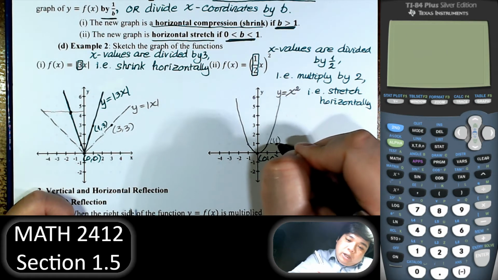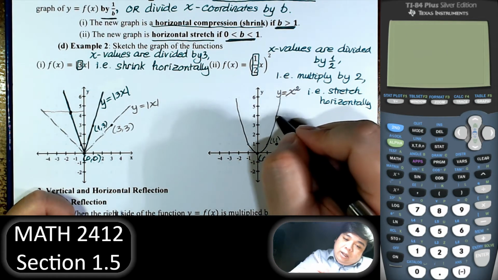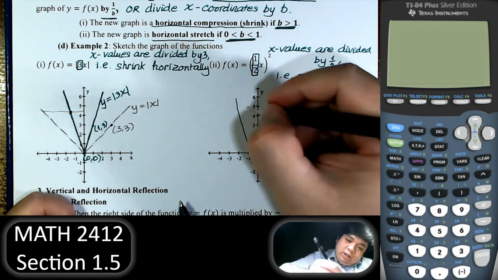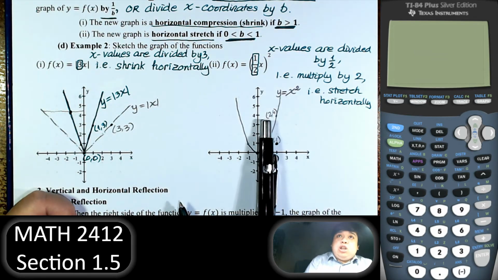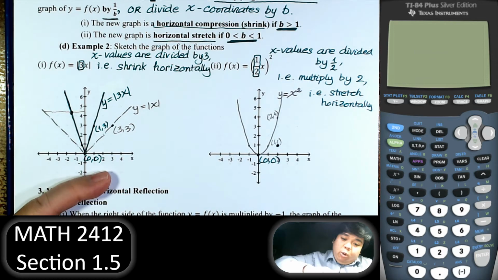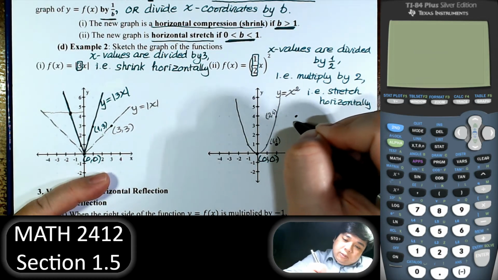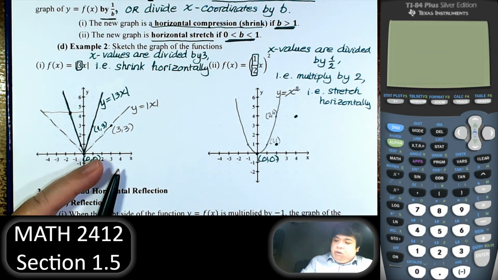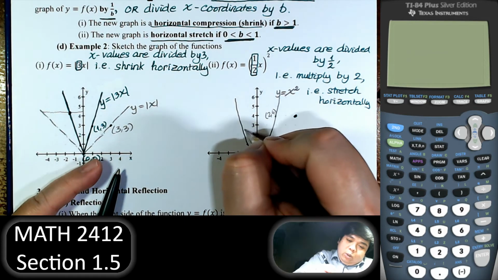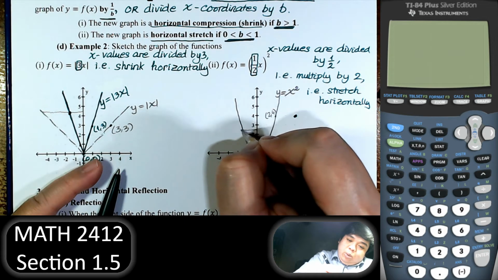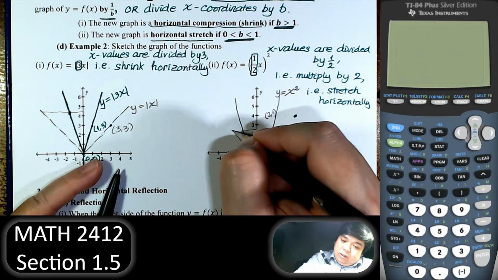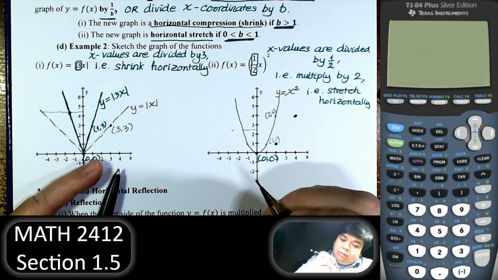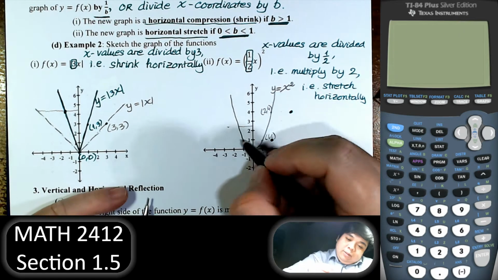So we go here. If we have the point 2 and 4, the x value is 2 multiplied by 2, it's going to be 4. And we don't even need to know the point. Whatever the horizontal distance is, we're going to double it. So we have the graph.